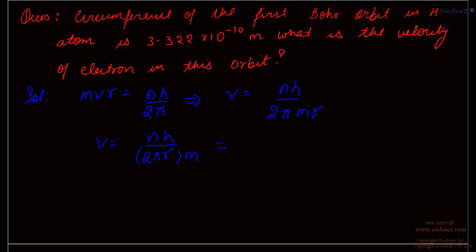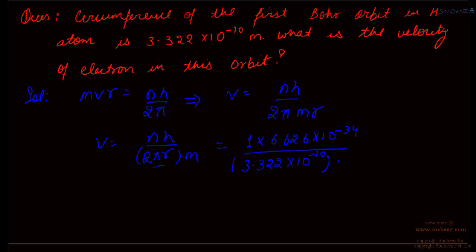Here if we substitute all the values, n is 1, h is 6.626 into 10 raised to the power minus 34, divided by the value of circumference. 2 pi r is nothing but the circumference of any circle with radius r. Here the circumference is given as 3.322 into 10 raised to the power minus 10.